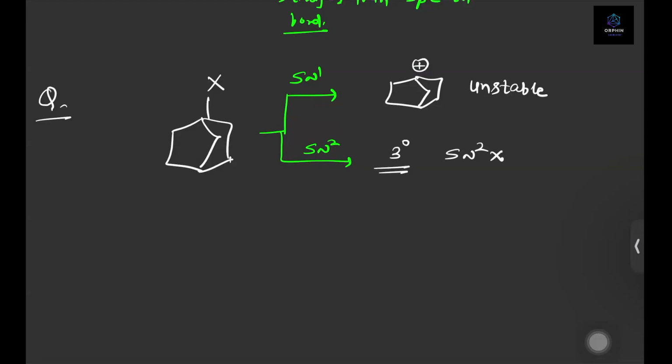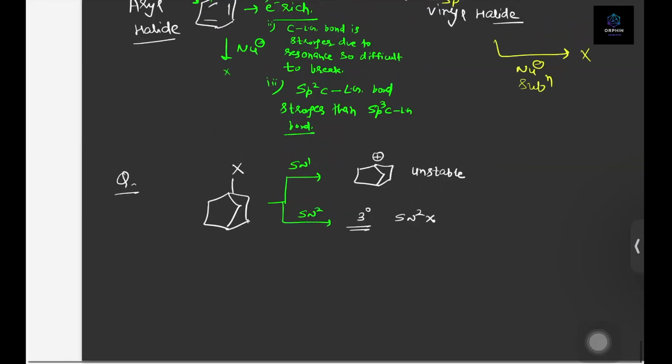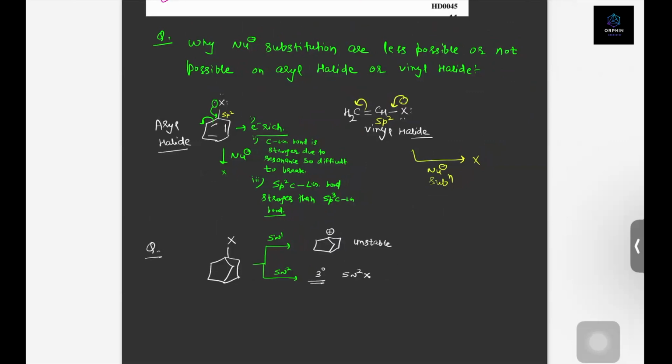So because of these reasons, these are the compounds on which both SN1 and SN2 are not allowed. But we will see some compounds or reactants on which both can happen nicely.